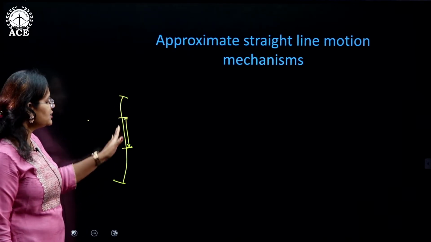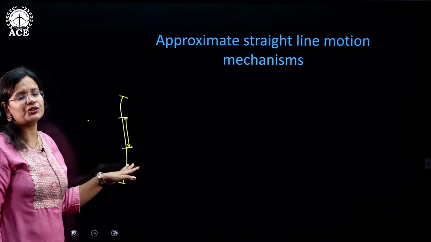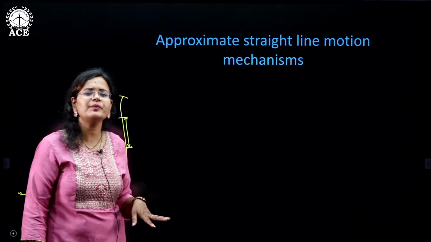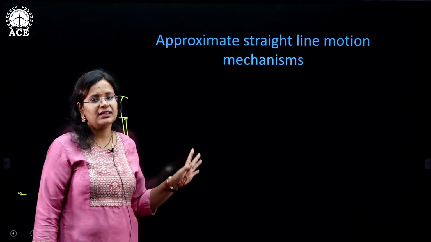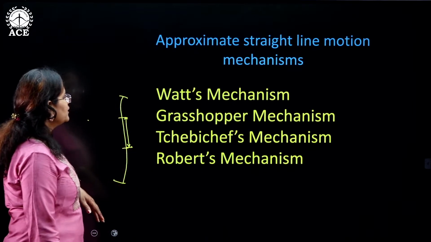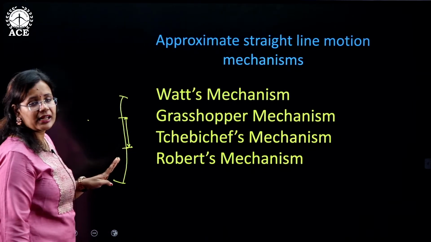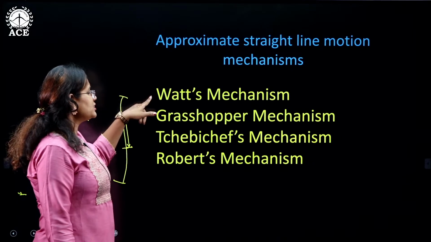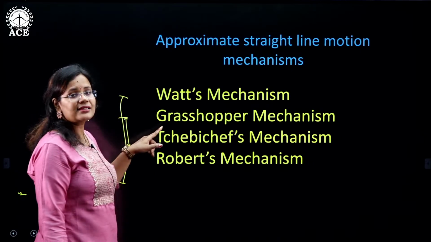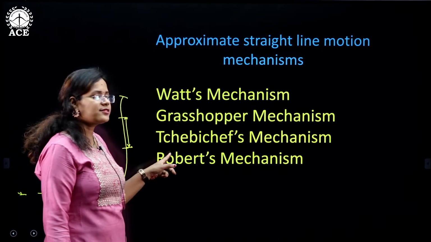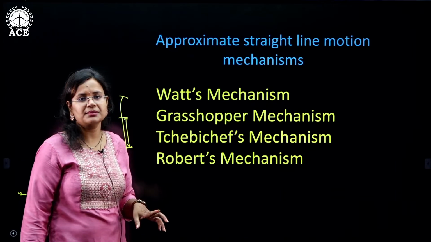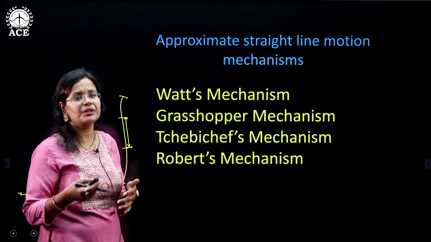So I will say that this is a straight line, but an approximate straight line. So how many such kinds of mechanisms actually exist? Let us see. There are totally 4 types of mechanisms. The first one is Watt's mechanism. The second ones are the grasshopper mechanism, Chebyshev's mechanism, and Roberts mechanism. So let us learn about each of them individually.